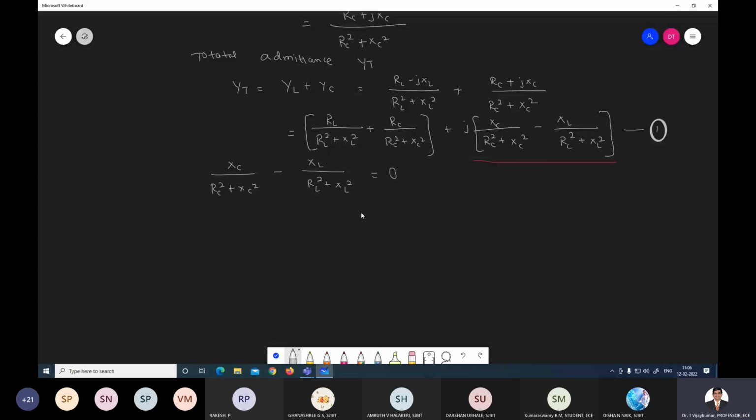So this you can write as: Xc divided by Rc square plus Xc square is equal to XL divided by RL square plus XL square. Xc is 1 over omega naught C, and Rc square plus Xc square is Rc square plus 1 by omega naught square C square; on the other side, XL is omega naught L, and RL square plus XL square is RL square plus omega naught square L square.